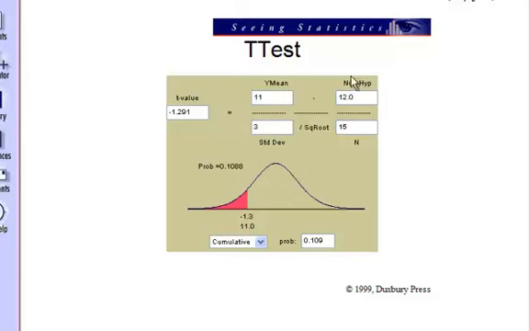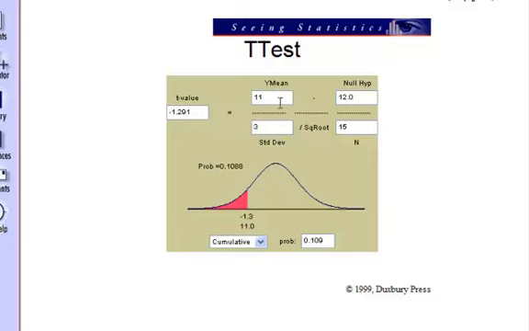So I've gone out now with this new piece of equipment or new process, and I've measured the cycle time for 15 runs of this process. So my sample size is 15. And I found that I have a sample mean of 11 minutes and a sample standard deviation of 3 minutes. So I find my sample standard deviation, I find my sample mean.